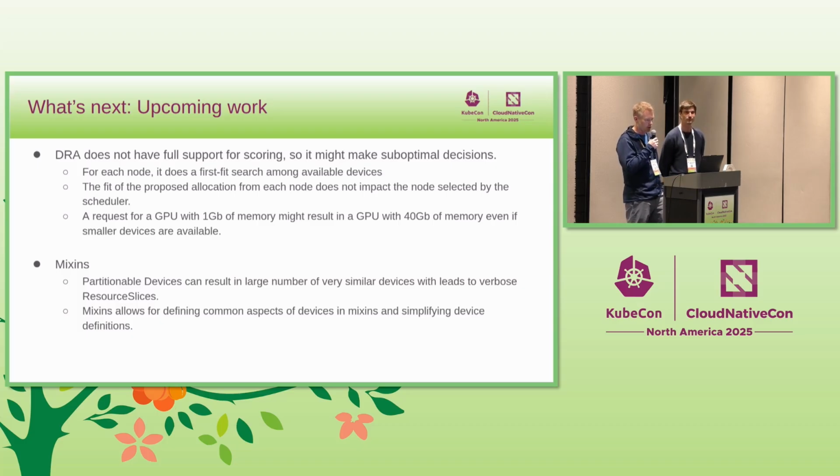And also, when it checks all the different nodes, how good the solution was for each node is not really taken into account. So it might end up choosing a node where you might think there was another node that had a better solution. Scoring would help with this, and that's something we're looking into.